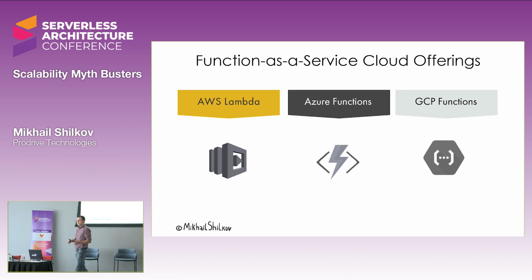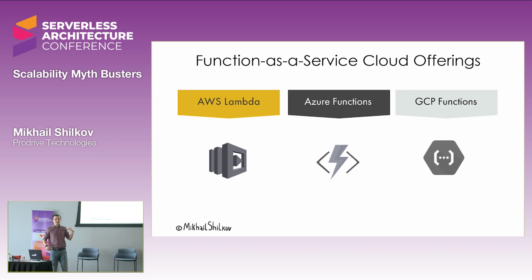First, I'll define in a couple of slides what serverless is for the purpose of this talk and what scalability is. So I'm going to talk only about function as a service today. Serverless is a big term, like it includes many services potentially, but I'm only talking about FaaS today. And I'm also going to talk about the top 3 cloud providers, so AWS, Azure, and GCP.